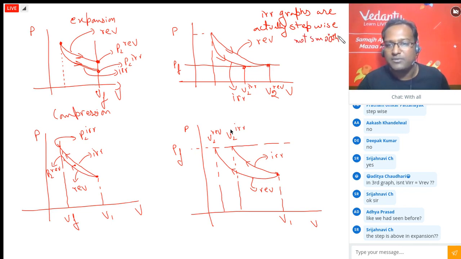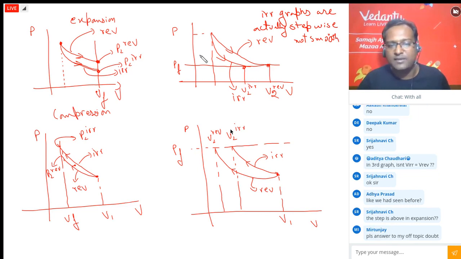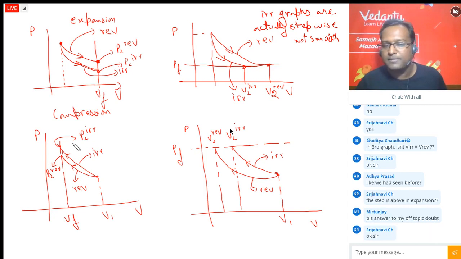The step is above in expansion. So in this case, it will be below. In compression, it is above. We discussed that earlier. In the irreversible case, when we expand, irreversible graphs are lower because I have to expand against a constant external pressure. And in compression, they are above.